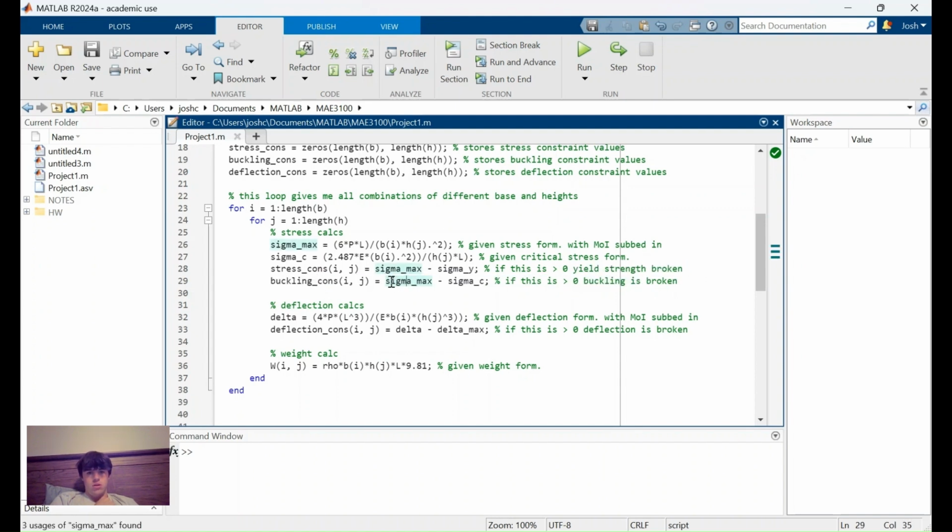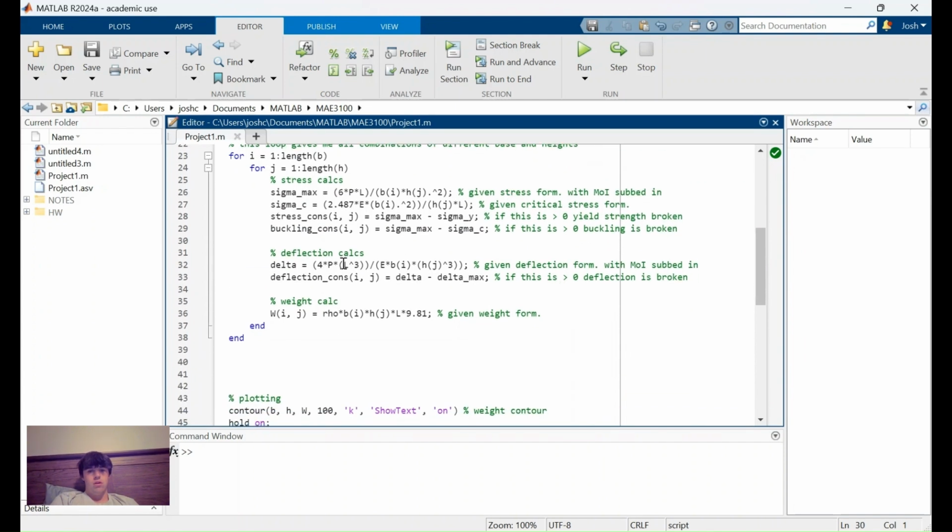And same thing for buckling. If your sigma max is greater than your sigma critical, meaning you're putting more stress than the beam can sustain, which means this would be greater than 0, your buckling limit is violated.